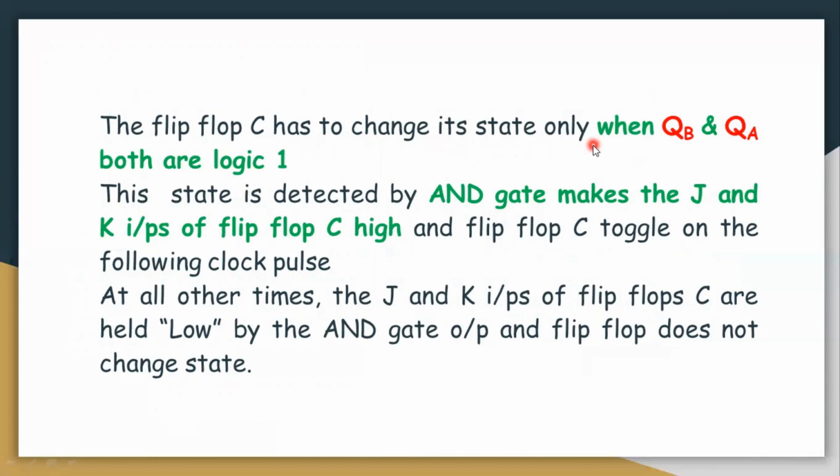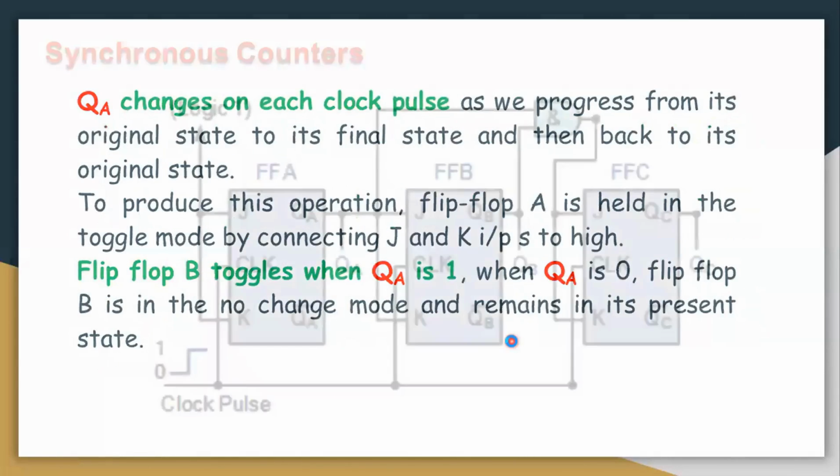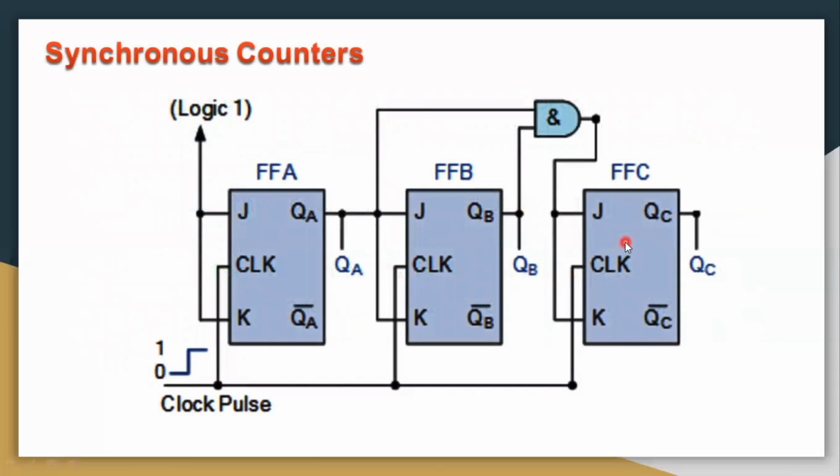Flip-flop C has to change its state only when QB and QA both are logically 1. This state is detected by the AND gate, which makes J and K inputs of flip-flop C high. So the third flip-flop will get activated when the output of this AND gate goes to high state, because the inputs J and K of this flip-flop C are connected to the output of the AND gate.